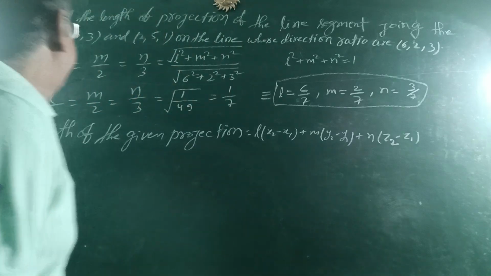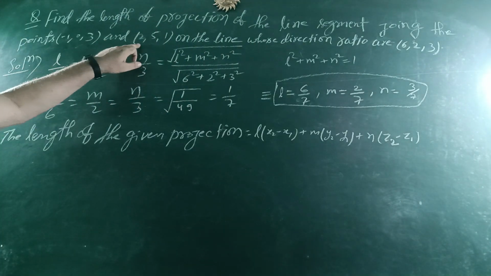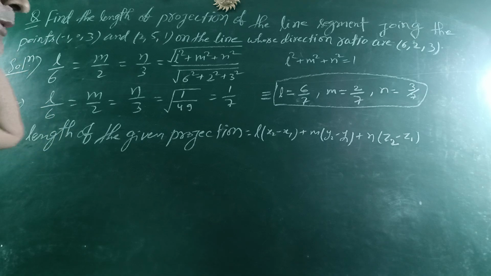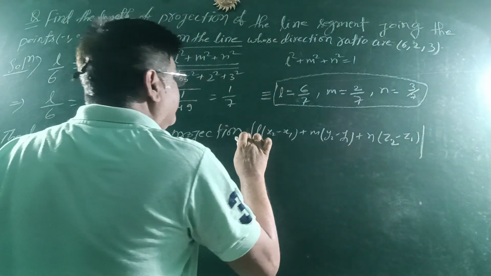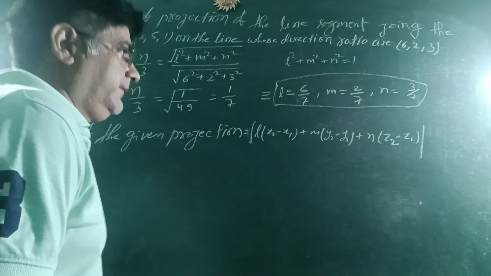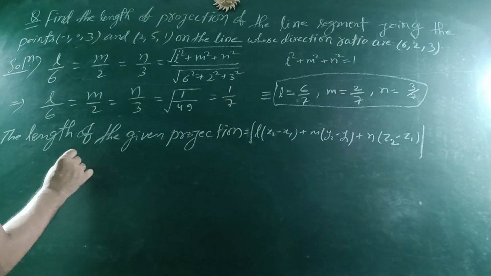Here the points are x1, y1, z1 and x2, y2 and z2. It is the modulus because the length is always positive.